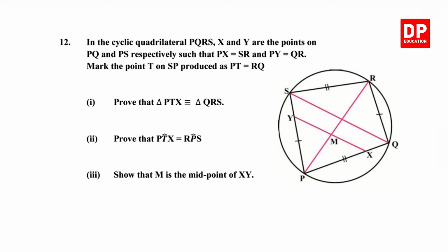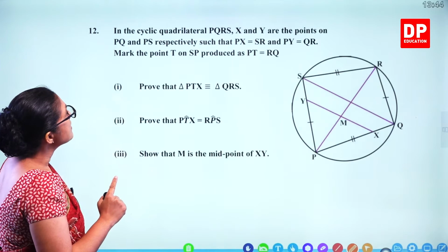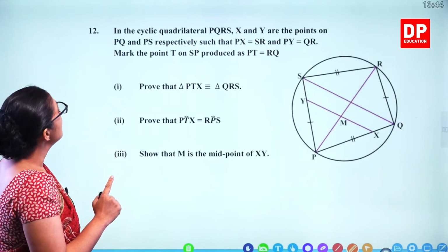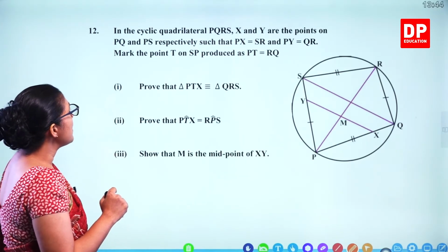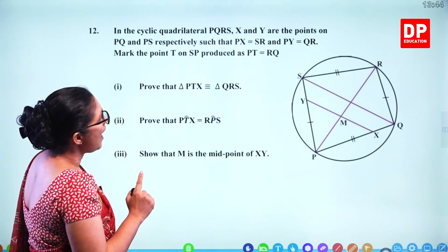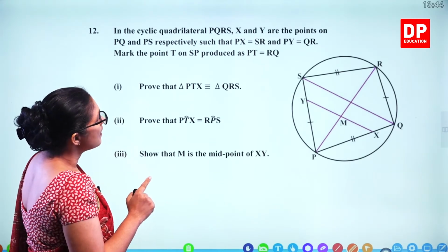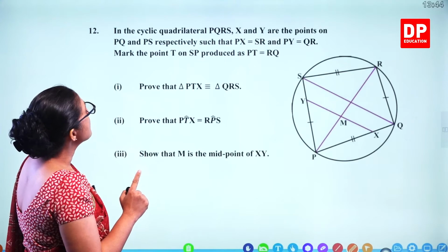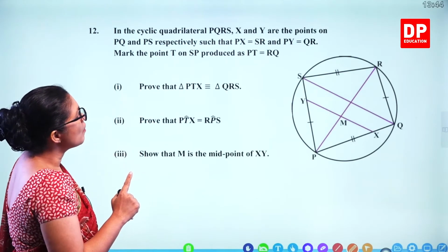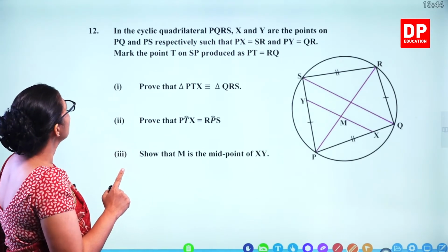It's about cyclic quadrilateral PQRS, and X and Y are the points on PQ and PS respectively, such that PX is equal to SR and PY equals QR.